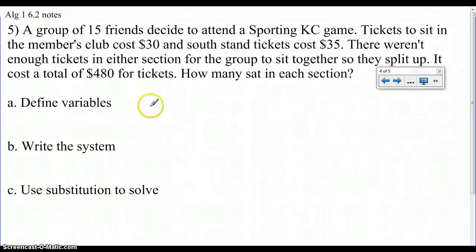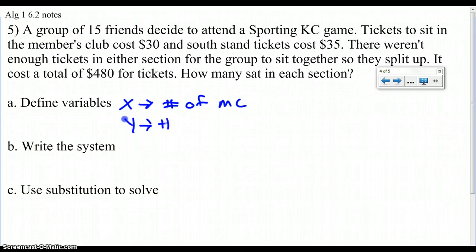So in this case, we're going to have to come up with our equations. First thing I'm going to do is define variables. I'm going to say that x represents the number of members club, and I'll abbreviate a little bit, we'll call that MC, where y is going to represent the number of South Stand. And this references the number of South Stand tickets that are purchased, which also could be considered to be the number of people that sit in that section.